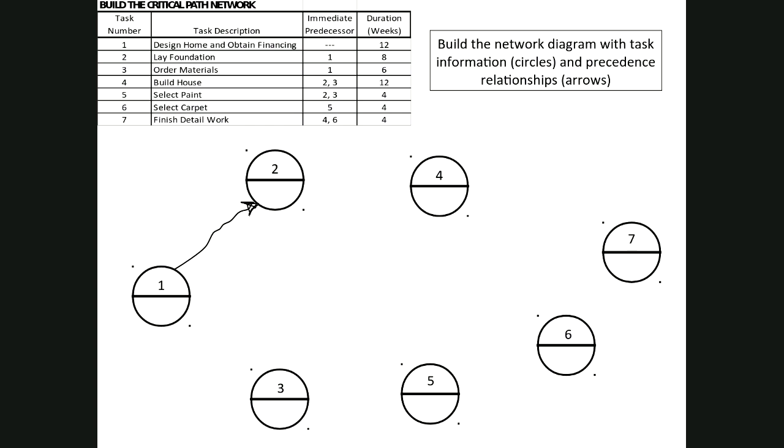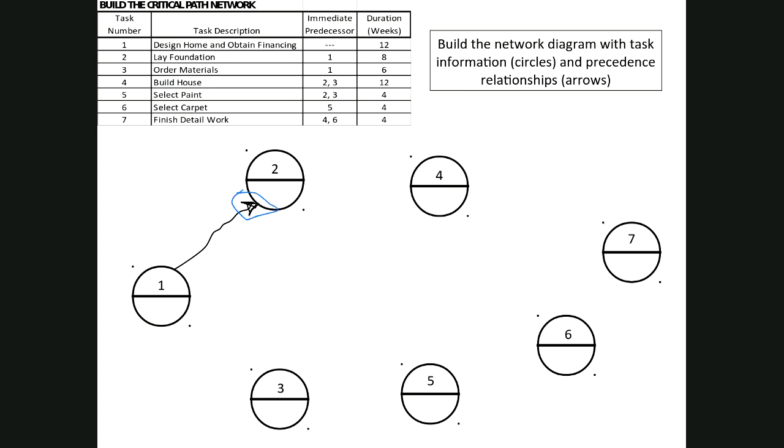If this were drawn without an arrow, then you might not be able to tell whether 2 preceded 1 or 1 preceded 2. So those arrows are important.